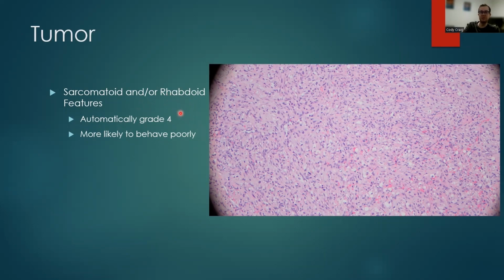And so it looks like a muscle cell, which gets long and really pink. So basically they just don't look like what they used to. And when this happens, it's automatically a grade 4 because these behave relatively poorly compared to the others. So it's always important for us to go over those and see if we can find any grade 4 sarcomatoid or rhabdoid areas.